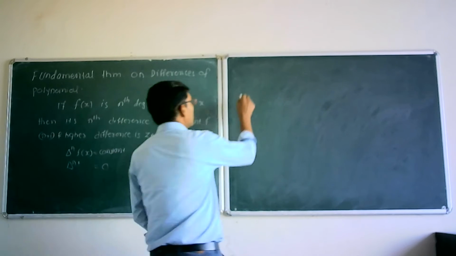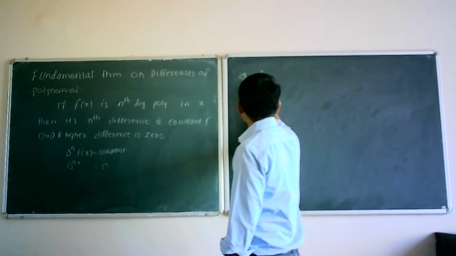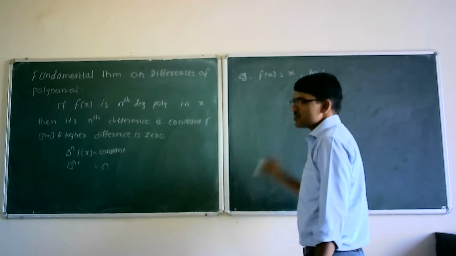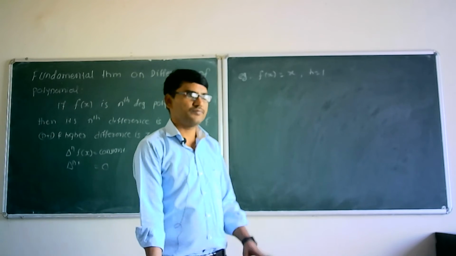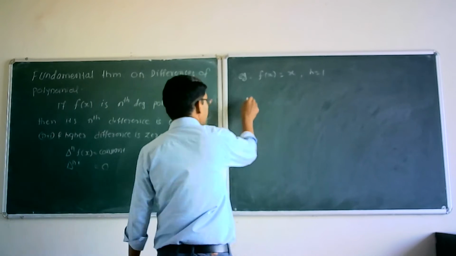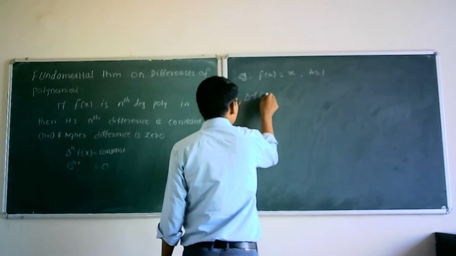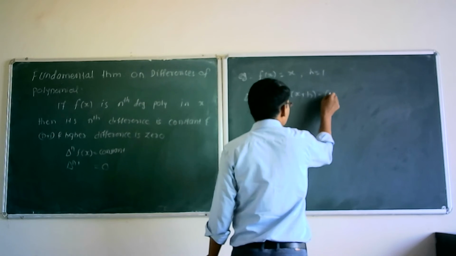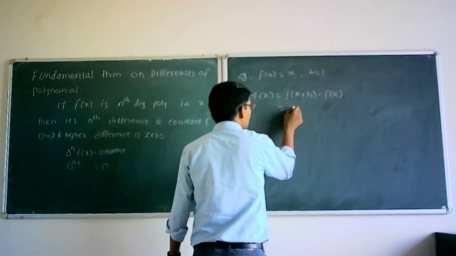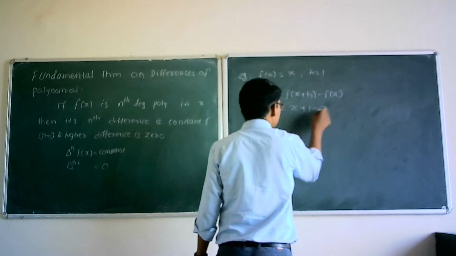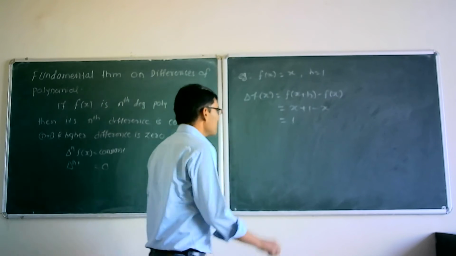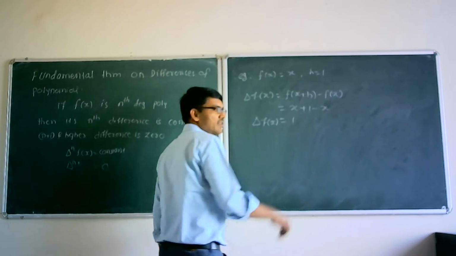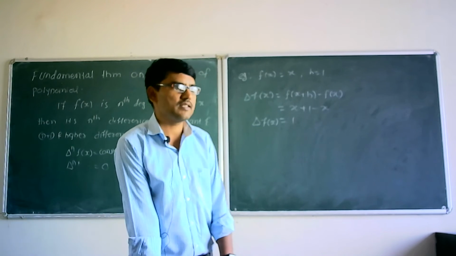For example, suppose f of x is equal to x with h equal to 1. Then what is delta f of x? Delta f of x is equal to f of x plus h minus f of x, so it is equal to x plus 1 minus x, which is 1. So this is a polynomial of degree 1 and its first difference is 1.